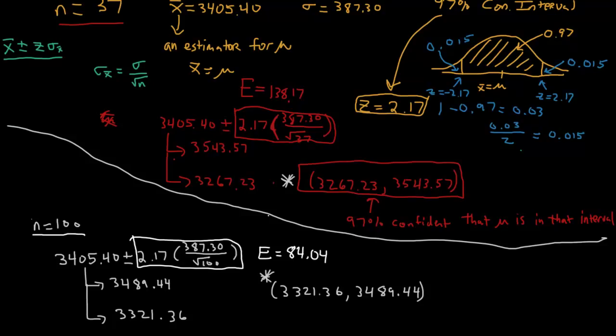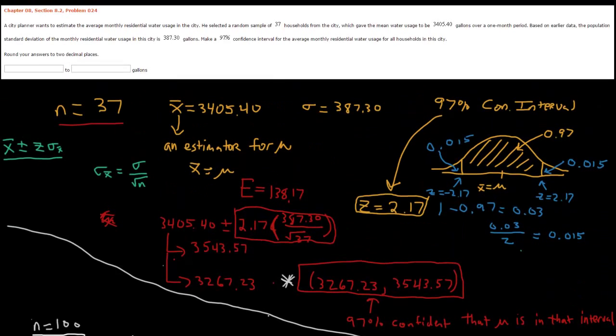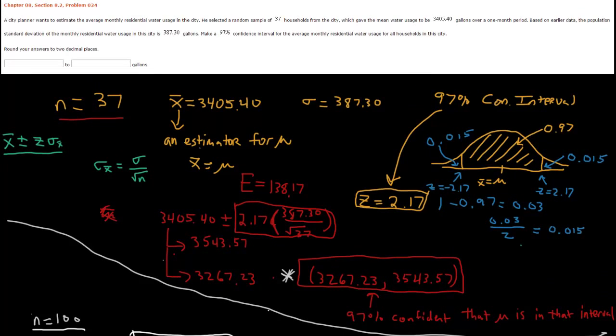But this was an example where, based on earlier data, the population standard deviation was known, which was this guy right here. Very important. If you know the population standard deviation, this is the process you'll follow pretty much every time.